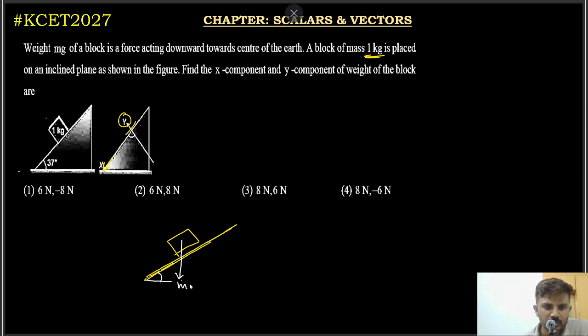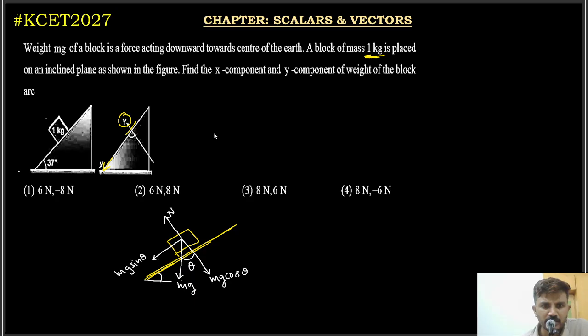So mg is in this direction. In this direction we have theta, that is mg cos theta. Upwards there is the normal force. In the direction of the inclined surface we have mg sin theta.